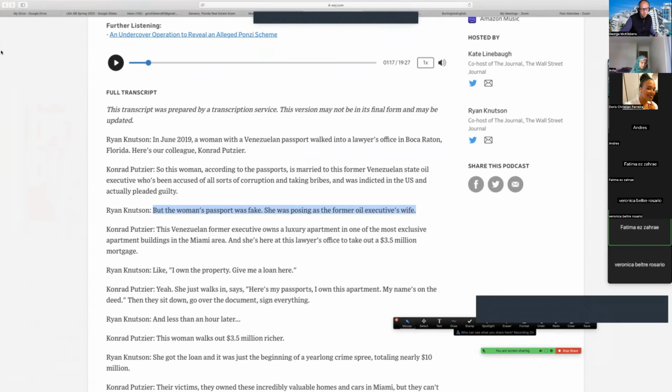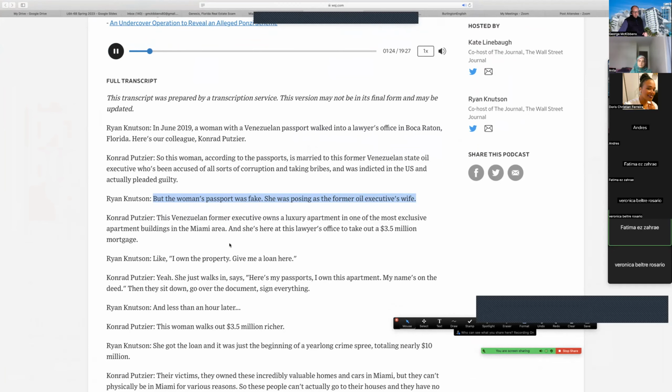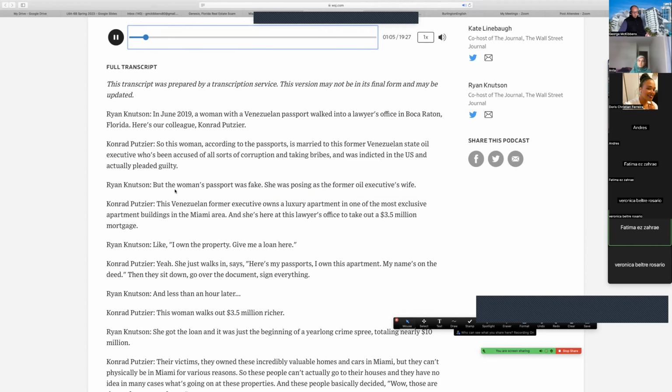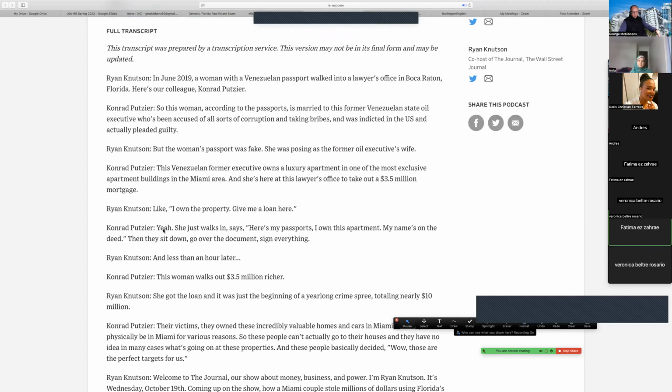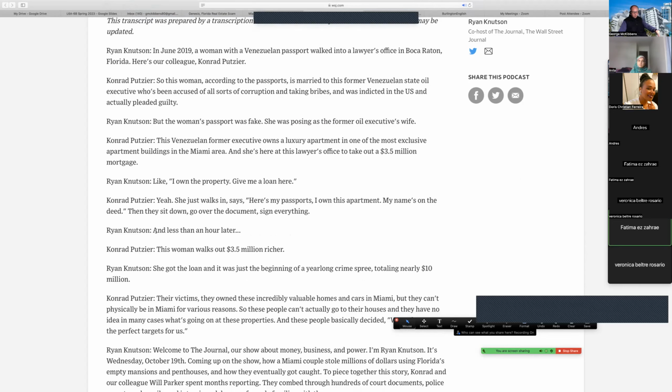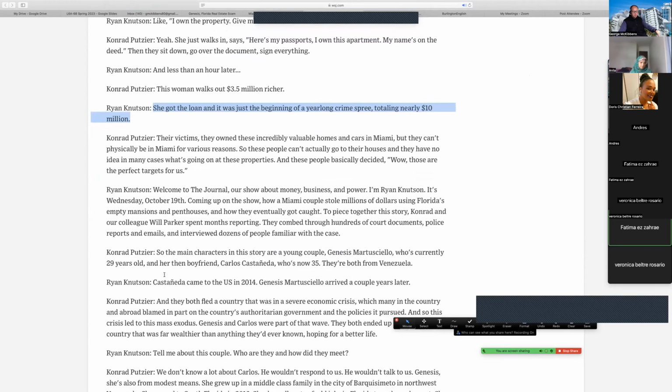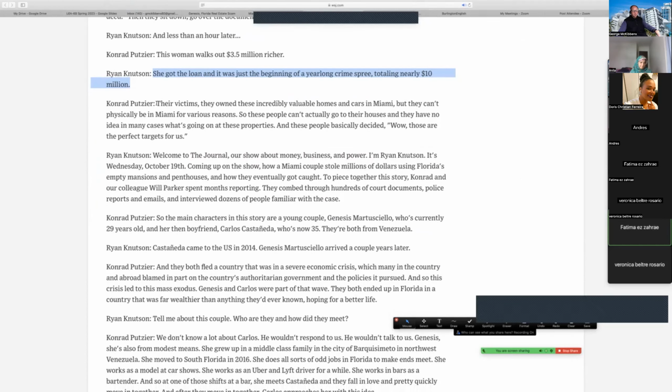Picking up where we left off. Their victims, they own these incredibly valuable homes and cars in Miami, but they can't physically be in Miami for various reasons. And less than an hour later, this woman walks out $3.5 million richer. She got the loan. And it was just the beginning of a year-long crime spree, totaling nearly $10 million.